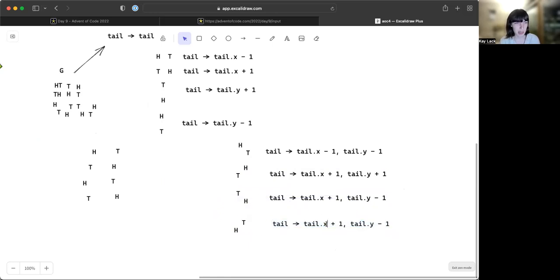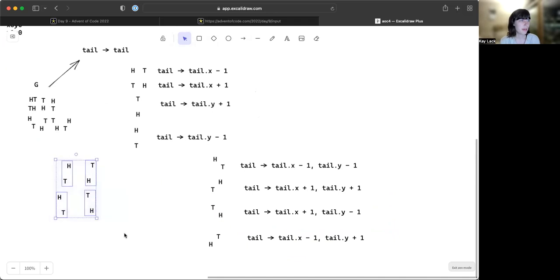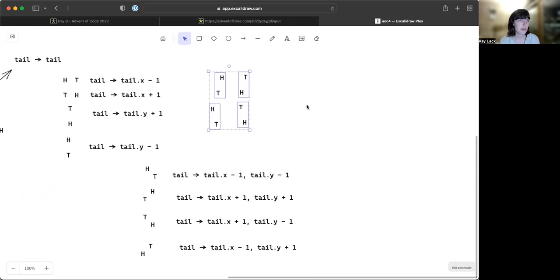I have no idea if this is going to help at all. I'm just kind of interested in it now. Tail x minus 1, tail y plus 1. And then these little guys here, these will be tail x plus 1, tail y minus 1.